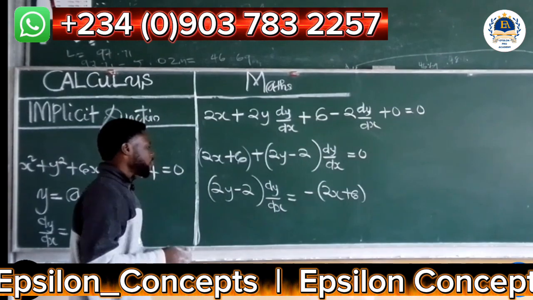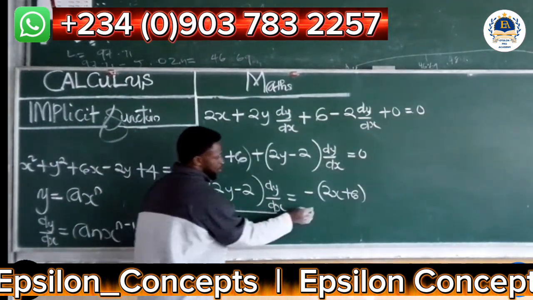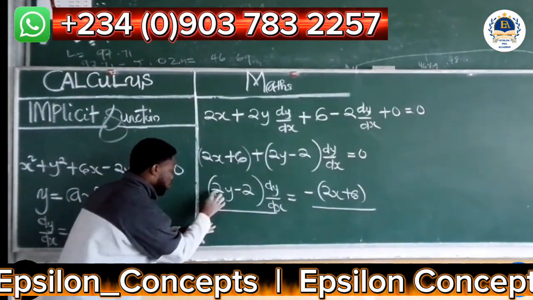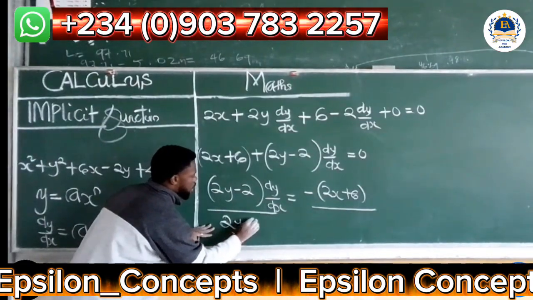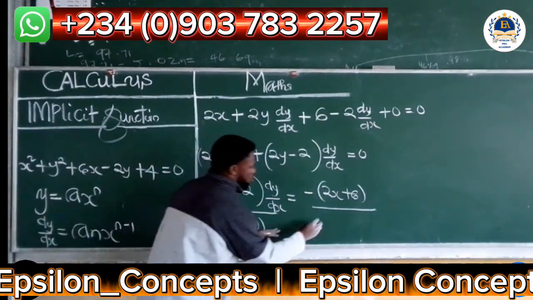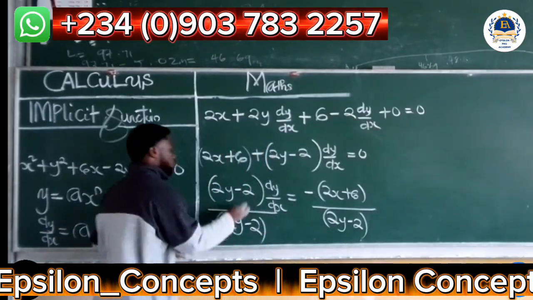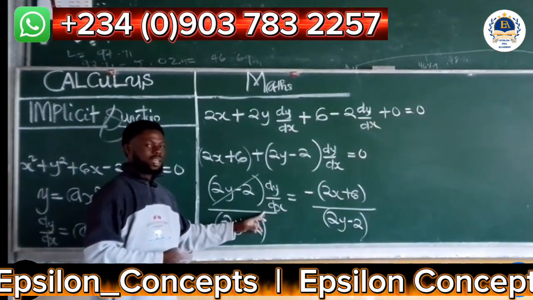Now the question is determine dy over dx. To find dy over dx, we divide both sides of the equation by the coefficient of dy over dx. So the coefficient is 2y minus 2. 2y minus 2, so this cancels this. We are going to be left with dy over dx.